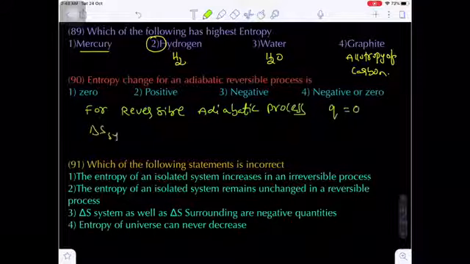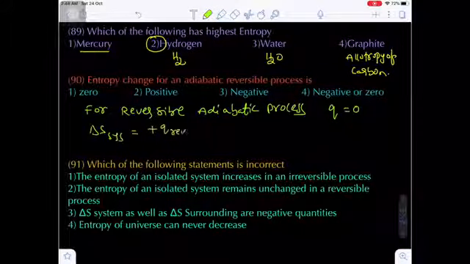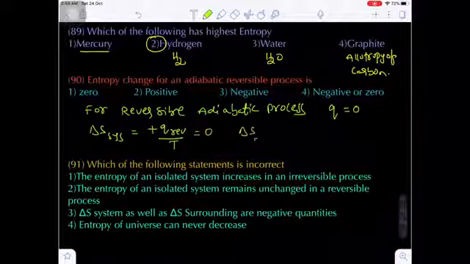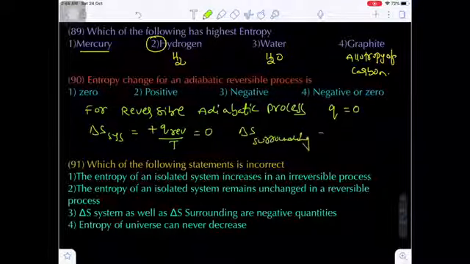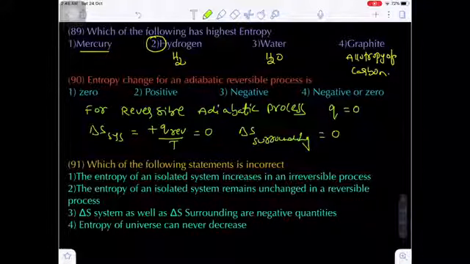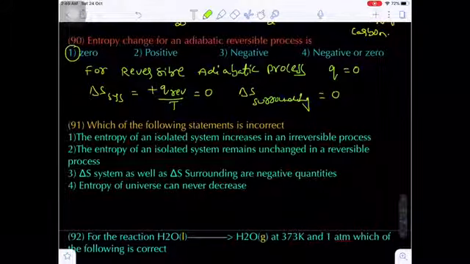That means delta S system will be equal to Q reversible by T, and Q is 0, so delta S system is 0. Simultaneously delta S surrounding is also 0. Are you getting my point? No heat exchange between system and surrounding, so entropy change for the adiabatic reversible process, question number 90, will be equal to 0.